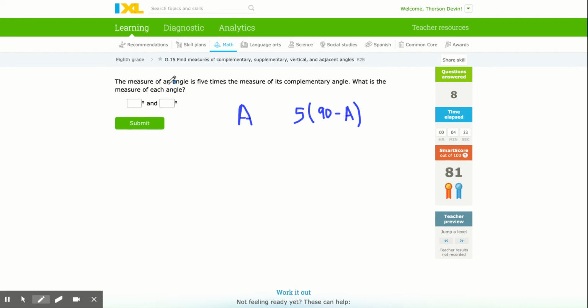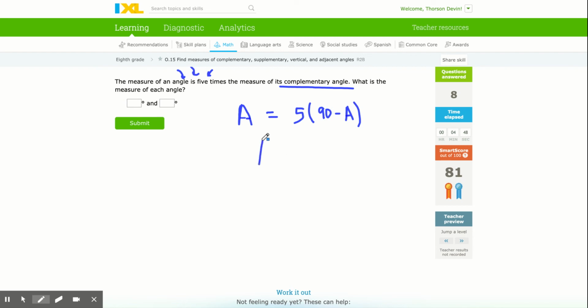And I know that the measure of an angle is 5 times the measure of its complement. So that means those two are equal. You've got to read it carefully: an angle, that's A, equals 5 times its complement. The complement is the remainder of the 90 when I take away the angle measure.